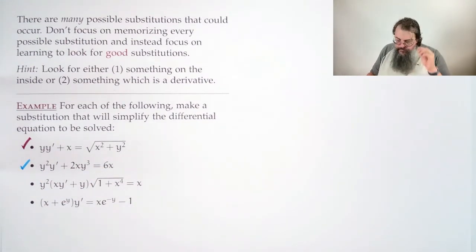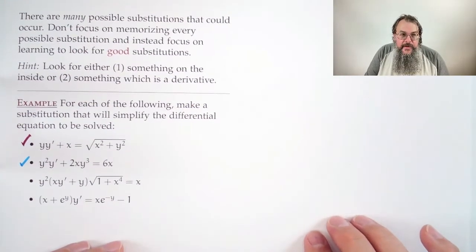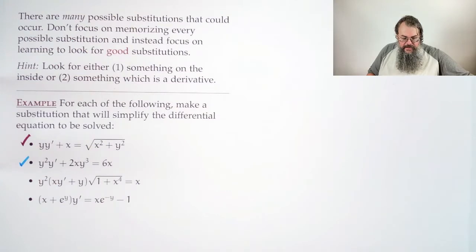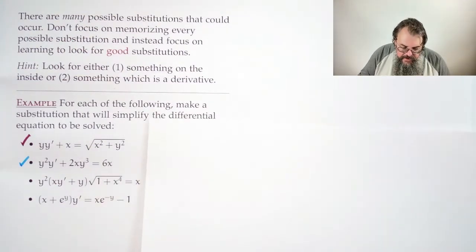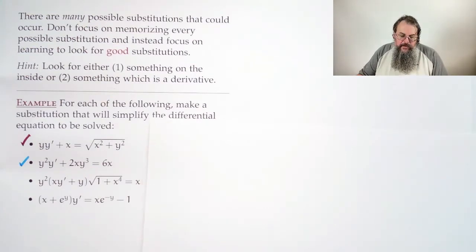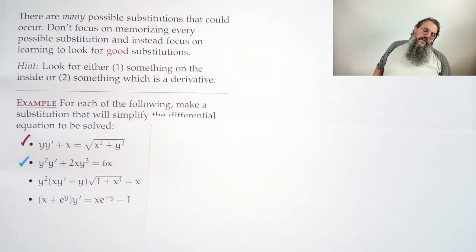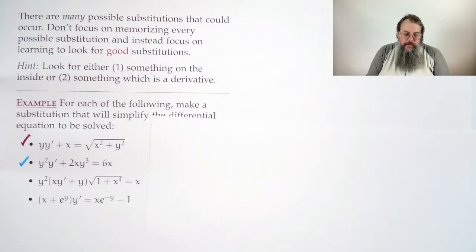Okay. Well, let's see. What can we do for our next one? All right. Come here. Give us a piece of paper. So we have y squared times xy prime plus y times the square root of 1 plus x to the fourth is equal to x.